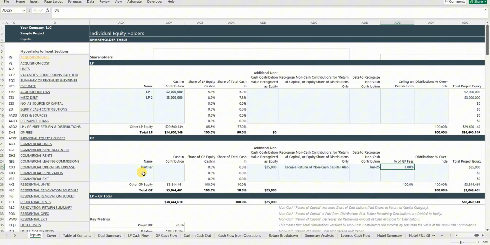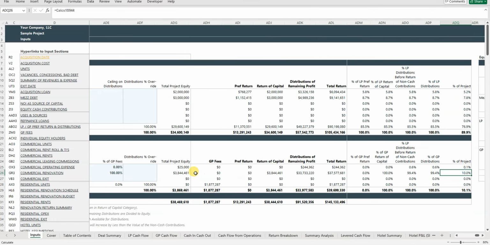This other GP partner, so I could say here, say partner 2, is going to put in all of the cash on the project, but is not going to receive any non-cash contribution, but is going to receive 100% of the GP fees.